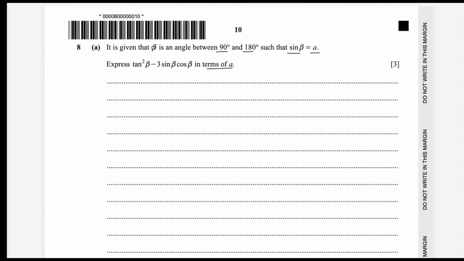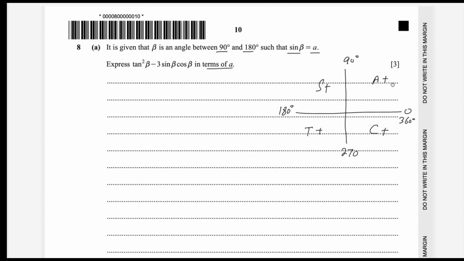Because beta is lying in the second quadrant, from 90 to 180, let me tell you the quadrants. We have 4 quadrants: here is 0, 90 degrees, here 180 degrees, here 270, and then the complete cycle, 360 degrees. In the first quadrant all trigonometric ratios are positive: cosine, tan, and sine.